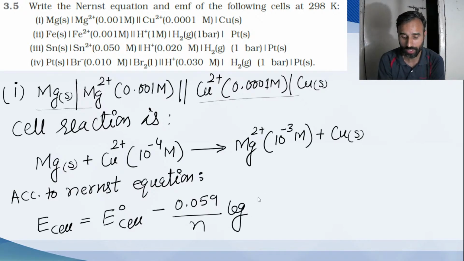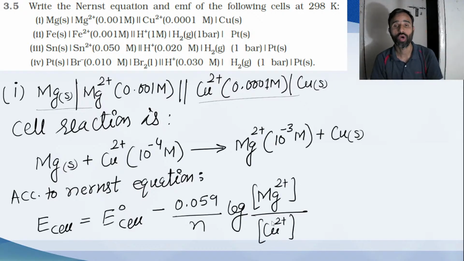So the product is Mg2+ raised to power 1 over Cu2+ raised to power 1, and copper solid and Mg solid are both not written, because for pure solids and pure liquids we take their concentration as unity. This is the standard. Okay.